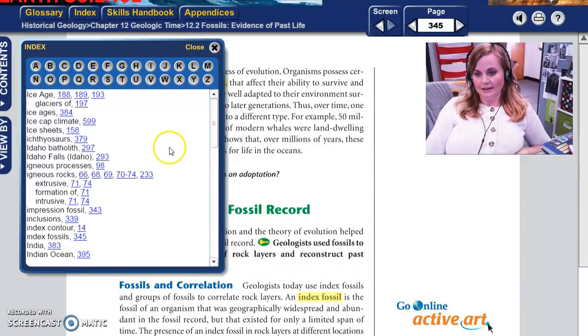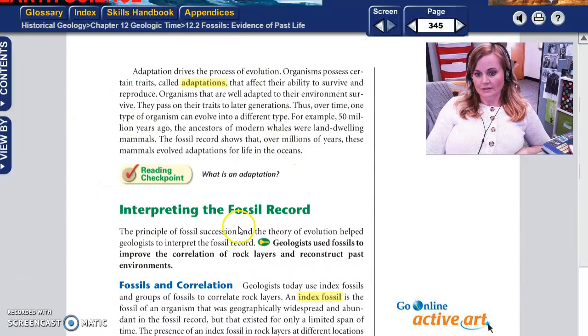If I click on that, it's going to take me to this section on index fossils, and it tells me that an index fossil is the fossil of an organism that was geographically widespread and abundant in the fossil record, but that existed for only a limited span of time. So what that's telling me is that an index fossil was found everywhere, lots of places anyways, and it was found for a very short period of time before it went extinct.